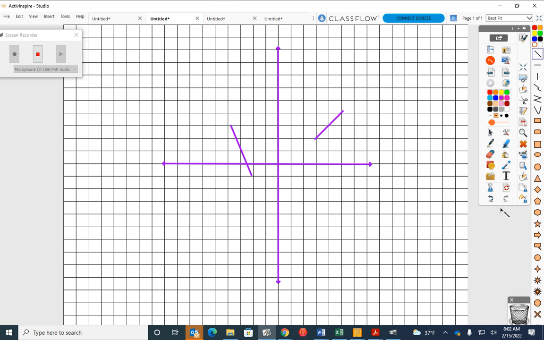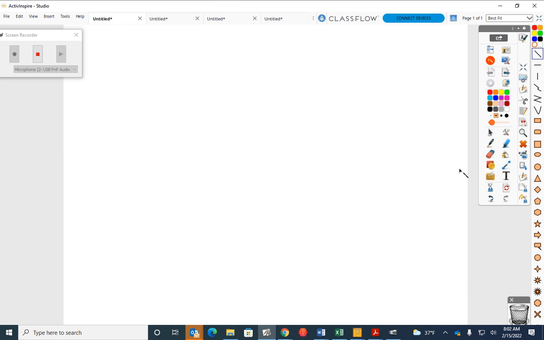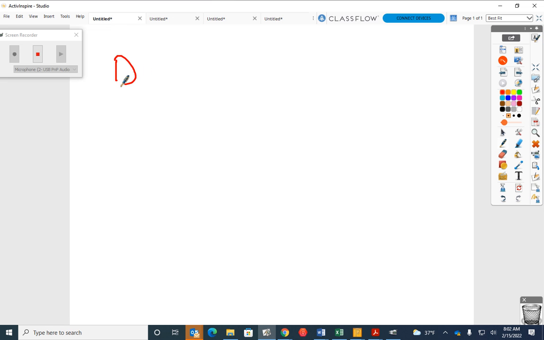Let's just do a quick refresher of what the Pythagorean theorem is. This is distance on the coordinate plane.